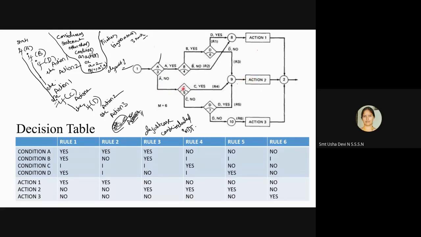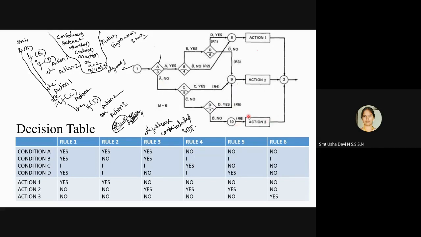So no, I, C yes, D I. So no, I, yes, I. Next, come to this one. A is no, next B is absent, so B takes I. So no, I, no, yes. It's leading to action 2.